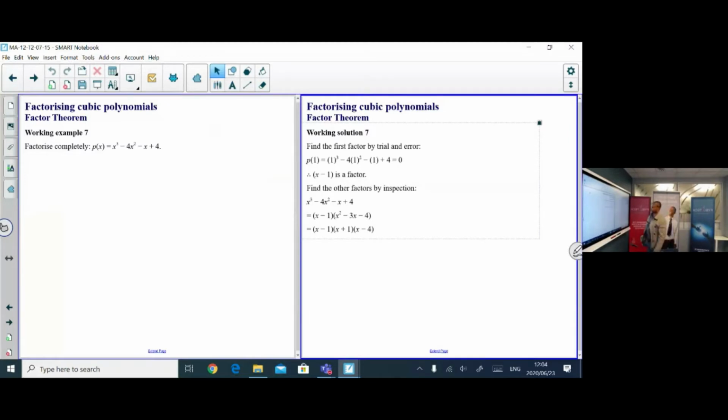So this one, the solution is right. You can simply use trial and make an educated guess at the first factor that can go into P(x), which can be, if you use x equals 1, you will be successful, which means x minus 1 is a factor. When you have one of the factors in a cubic function, you generally have 3 factors.